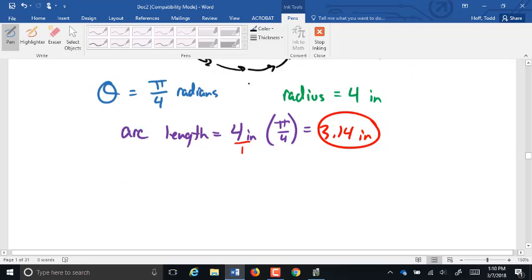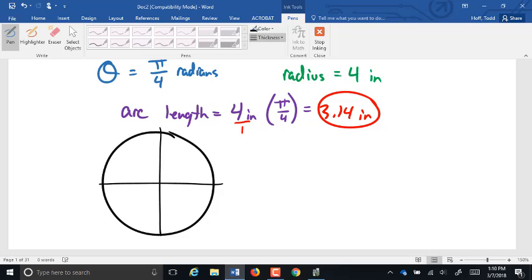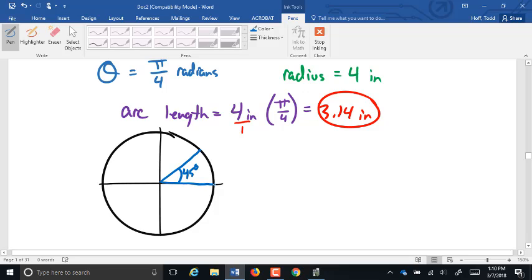Let's confirm that for you. This is my circle. Pi over 4 is actually 45 degrees. If this radius is 4 inches, find this arc length. Well, that arc length is found by taking the circumference, which is diameter times pi, so 8 times pi, right?